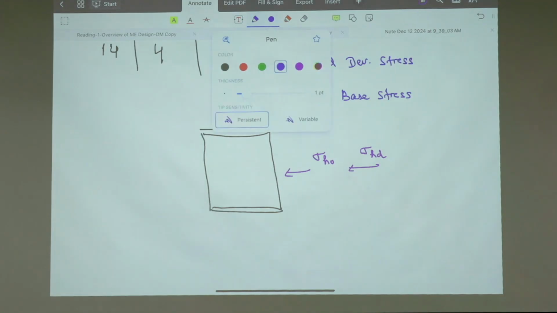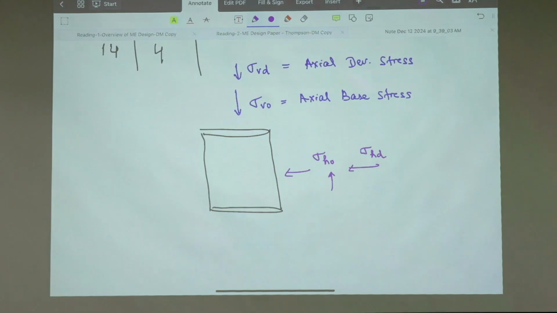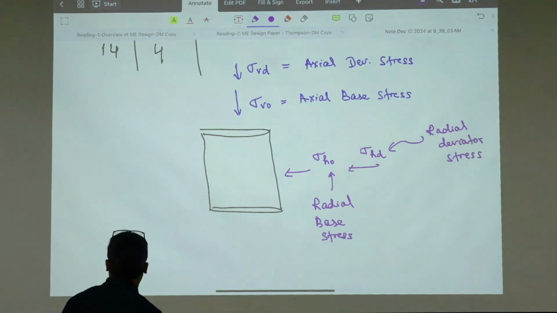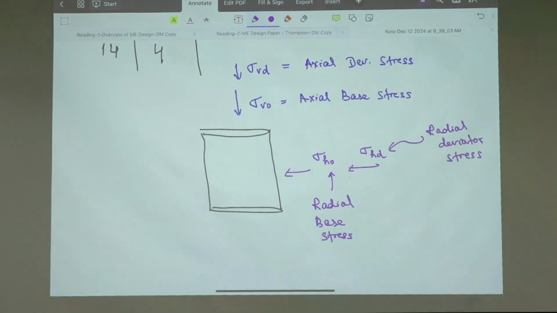This is radial base stress, and this is radial deviator stress. Make sense? That is what your stress sequence or stress meanings are, the nomenclature.